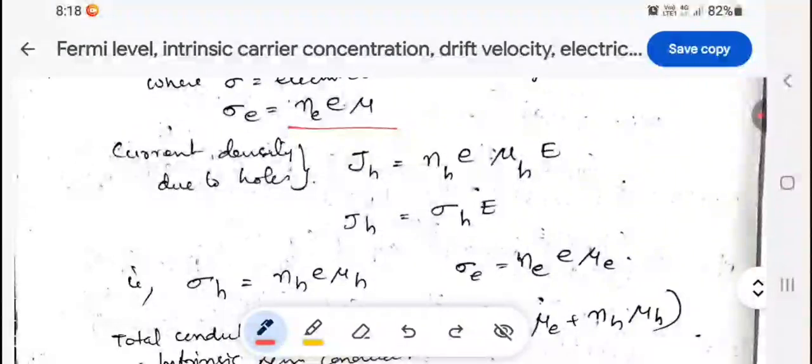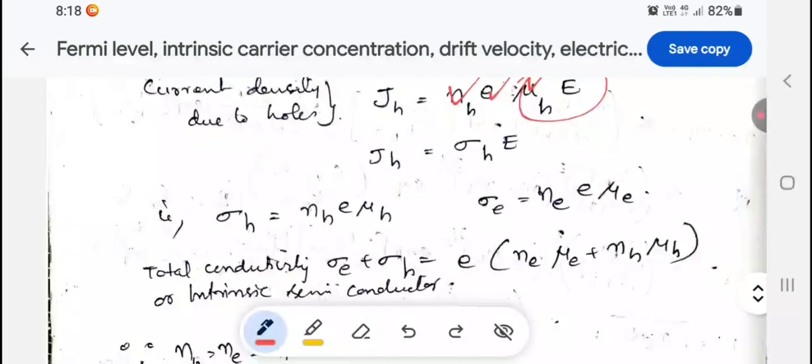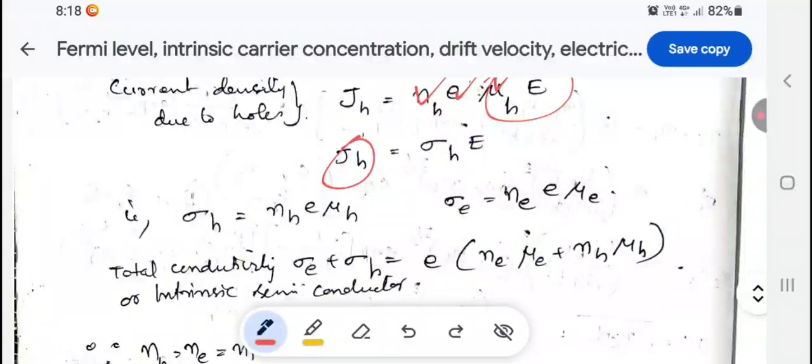Then in terms of holes, we have the same values for NH and charge of holes, then the drift velocity of the holes by substituting the drift mobility of the holes. So we have another term for current density due to holes also.